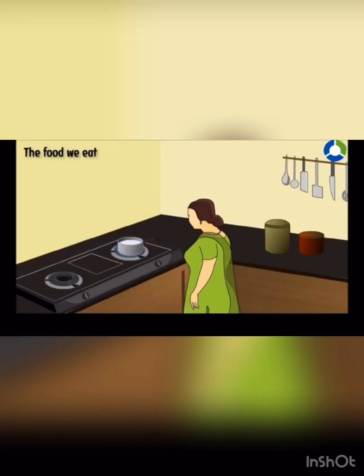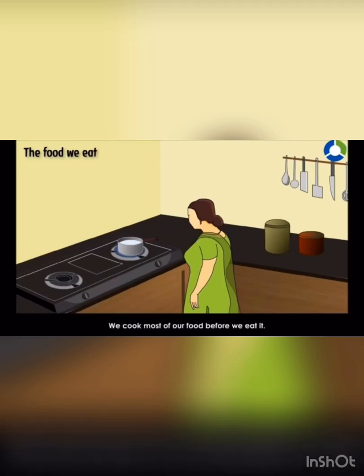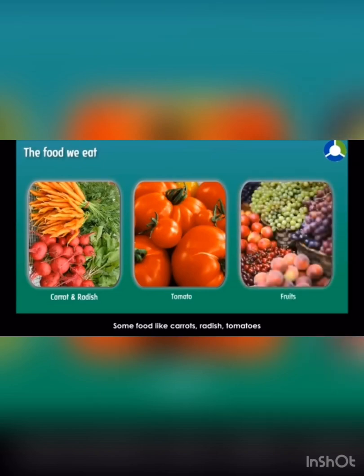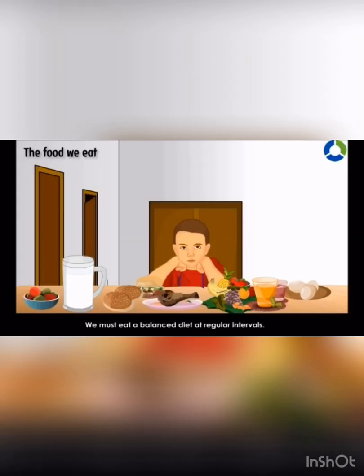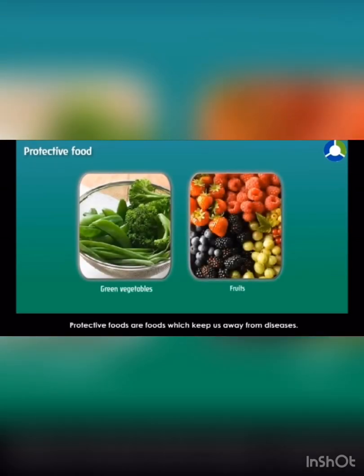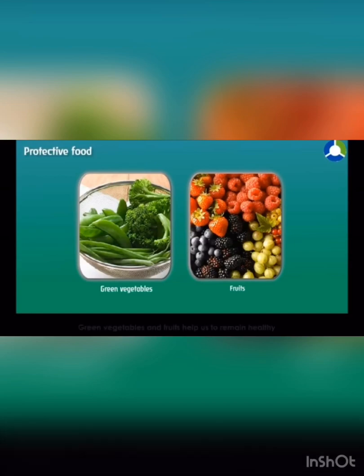The food we eat. We cook most of our food before we eat it. Some food like carrots, radish, tomatoes and fresh fruits can be eaten raw. We must eat a balanced diet at regular intervals. Protective food. Protective foods are foods which keep us away from diseases.